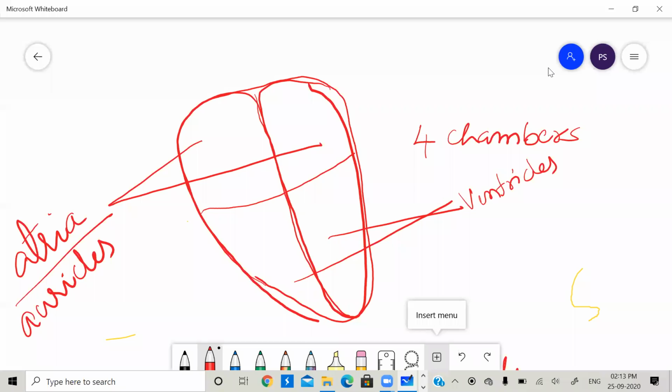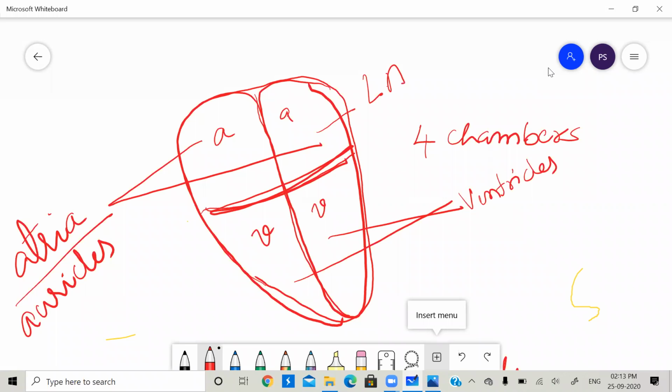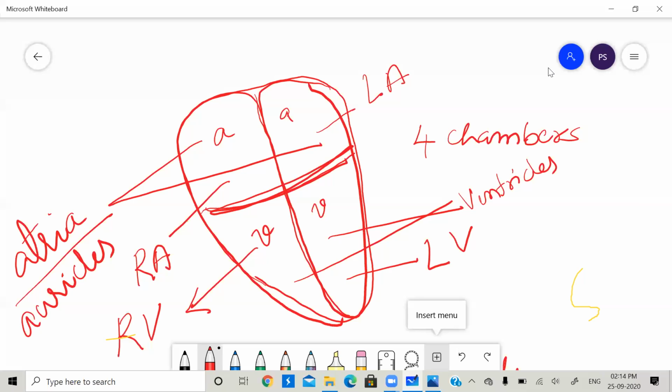Here in these 4 chambers, this is the left side of the heart, and this is the right side of the heart. Our upper portion has 2 auricles, and the lower side 2 ventricles. This is the left auricle, this is the left ventricle, this is the right auricle, and this is the right ventricle.